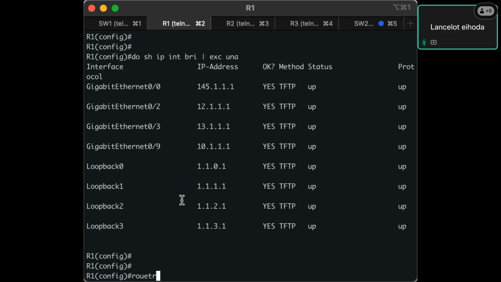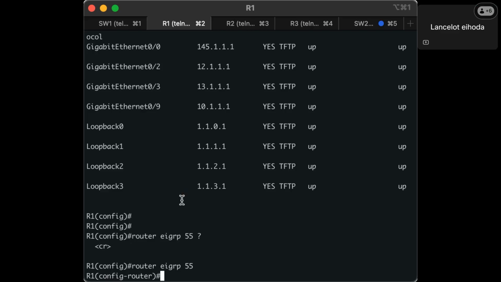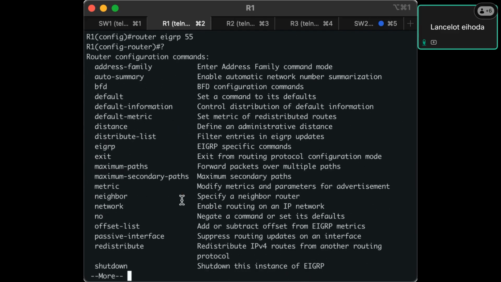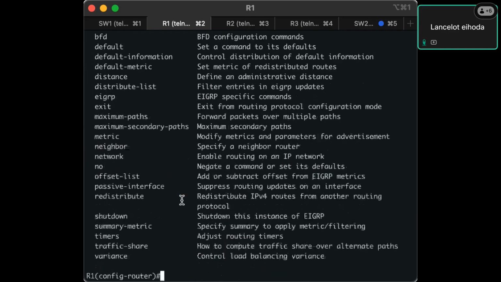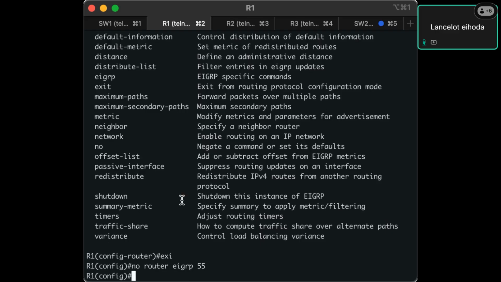If I do router EIGRP 55, in classic mode you have to start setting network statements. Let me exit this and say no router EIGRP 55. So that's how classic works.